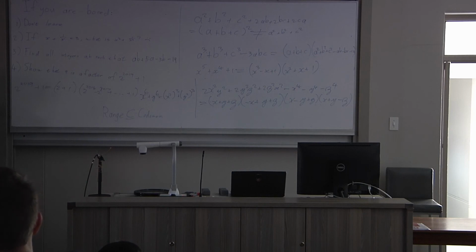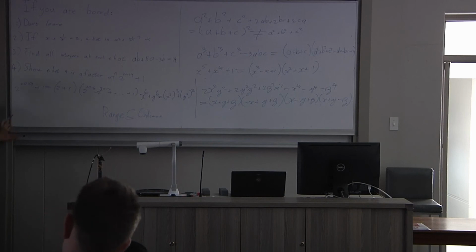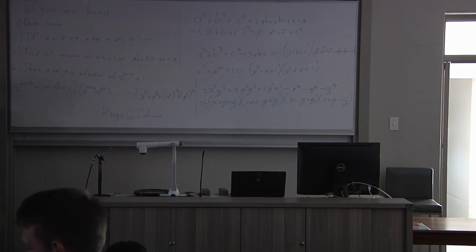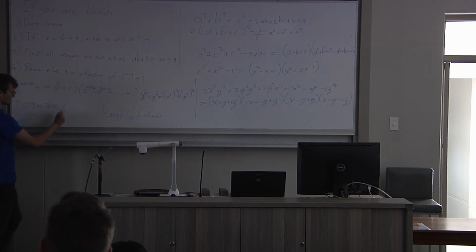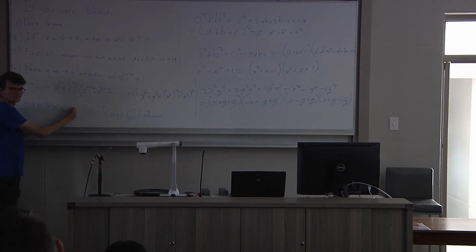So we use just the sum of cubes then? There we go. The important thing with Olympiad questions is to know the factorization of the year that it is, because you would have seen a lot of questions with 2019 in them, and that's for no other reason than the year is 2019. So 2019 is 3 times 673. Keep that in mind.